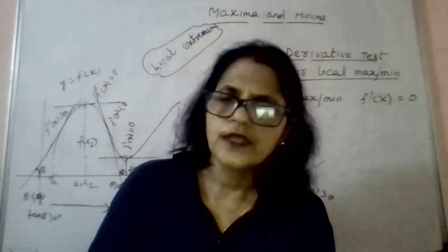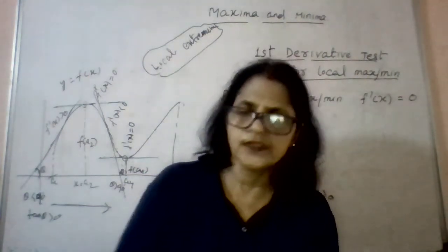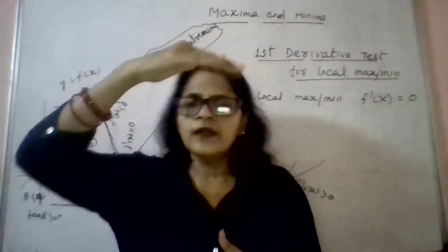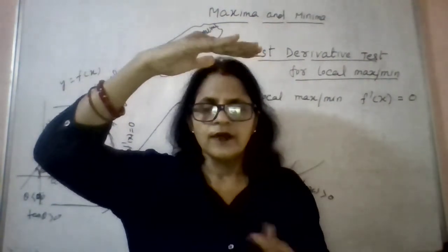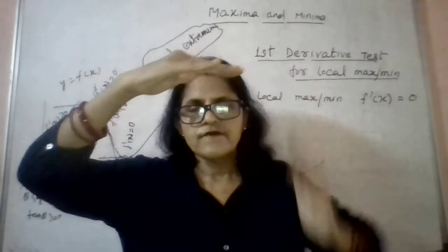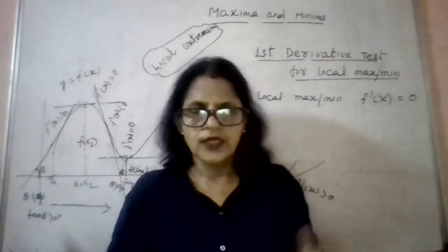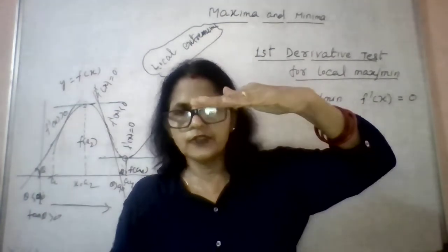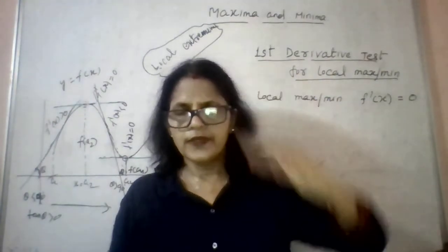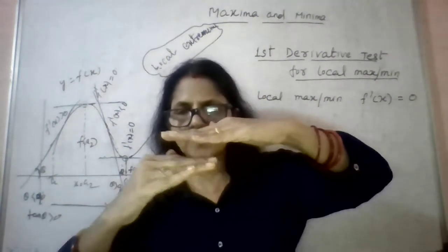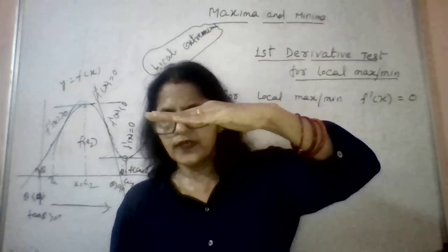Okay, so very simply you can remember this, you will not make a mistake. See, suppose this is the point of local maximum, this is the peak. You are moving like this, first increasing then decreasing. Whenever you are climbing up, then you are at the peak, then you are coming down. It means first the function is increasing, then it is parallel to the x-axis, horizontal, then you are coming down.